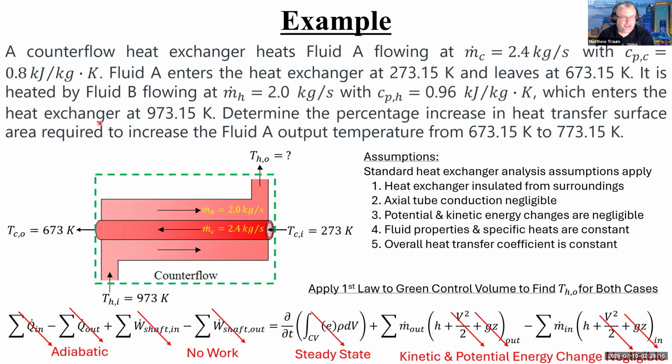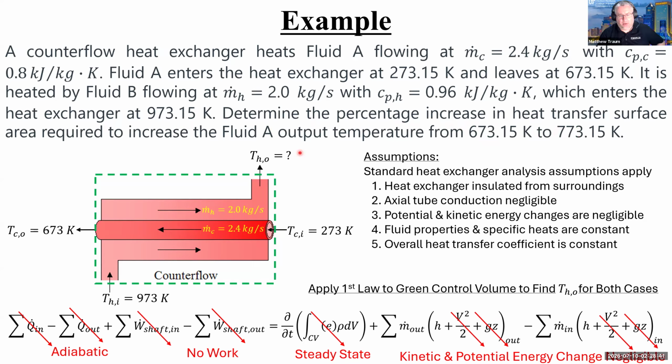And that enters the heat exchanger at 973 Kelvin. And so we're told to determine the percentage increase in heat transfer surface area required to increase fluid A output temperature from 673 Kelvin to 773 Kelvin. So an increase of 100 degrees Celsius or Kelvin.